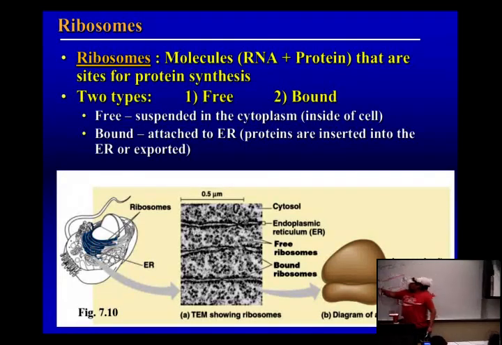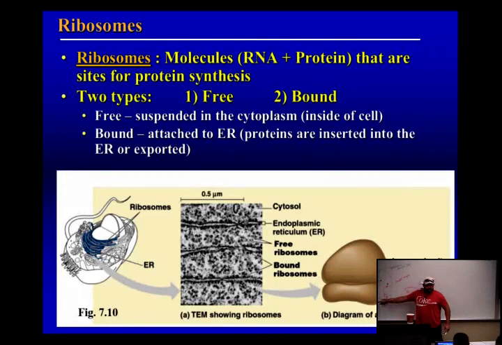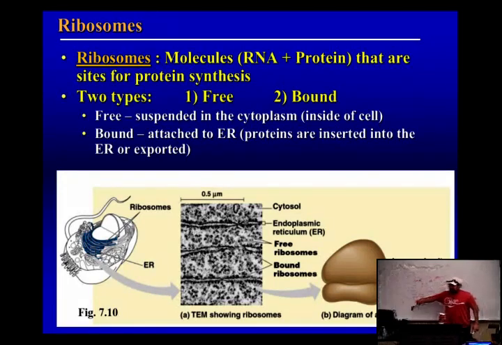So if you want something to be exported out of the cell and be functional, like insulin, it's made this way, right? It goes into your blood. It's not enclosed. Amylase, proteins that are found in mammary glands, like milk, they have to be exported.